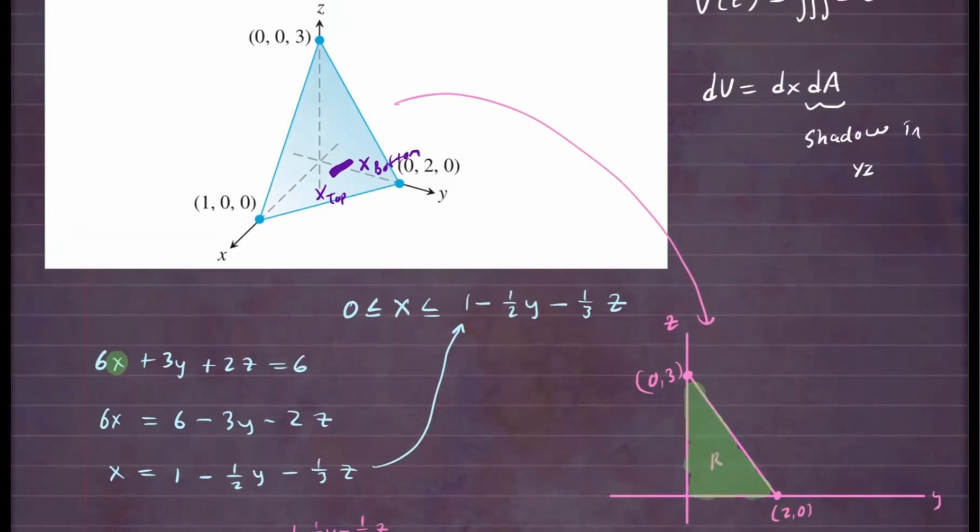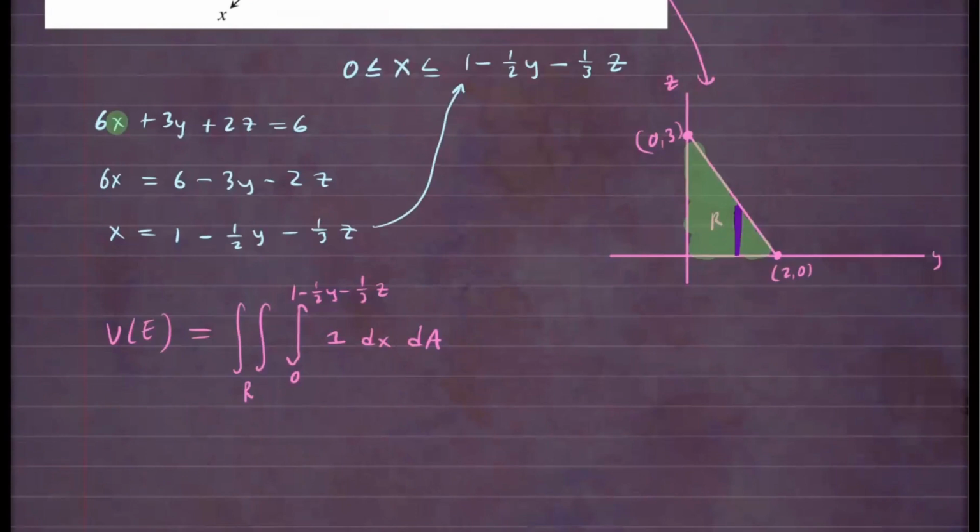So you can treat it as type 1 or type 2 for a double integral. I'm going to imagine there is a cross section right here, set up as a vertical cross section. So we can do dz first and then dy. So let's pick our limits of integration.